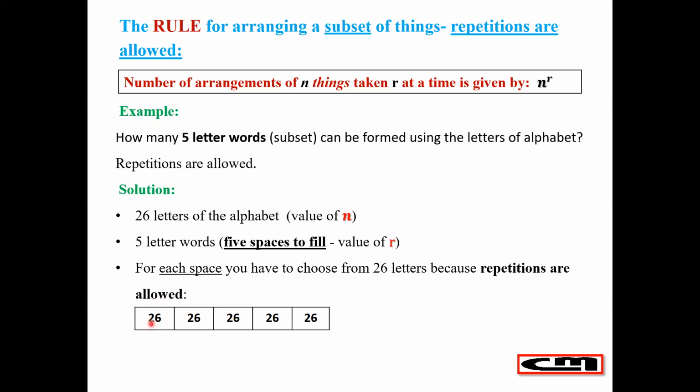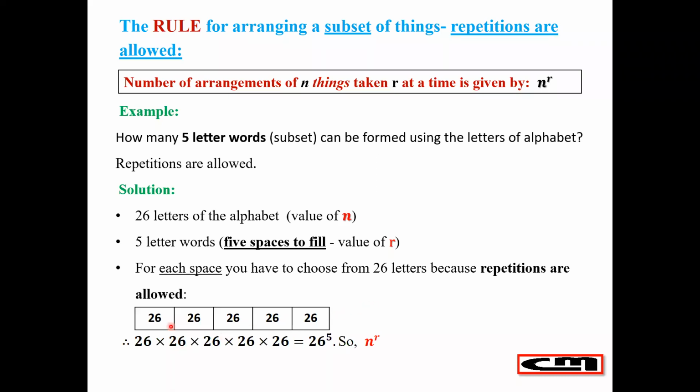If a letter occupies here, it has a chance of occupying the second or whatever the case might be. At any point, for the first letter, all the 26 have a chance of being there. The second letter, all the 26, because the letter that could have been placed here has a chance of coming here again.